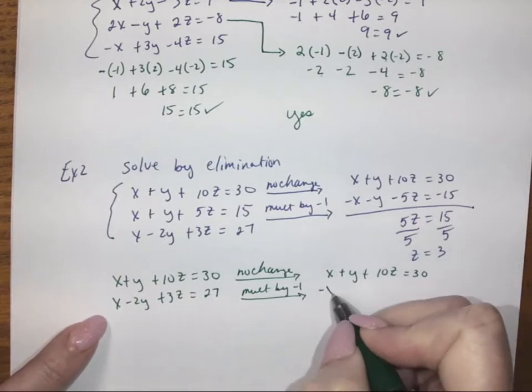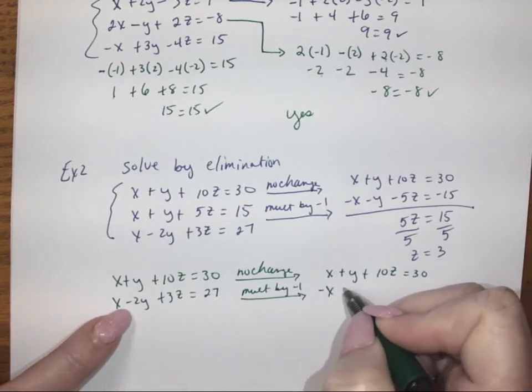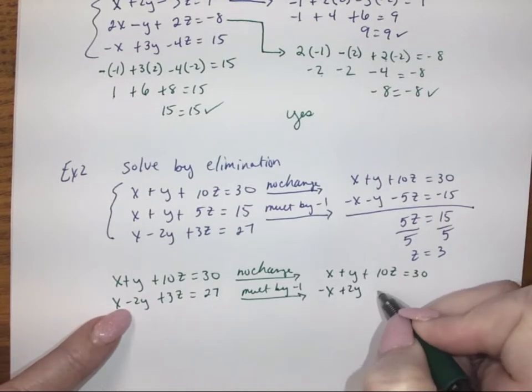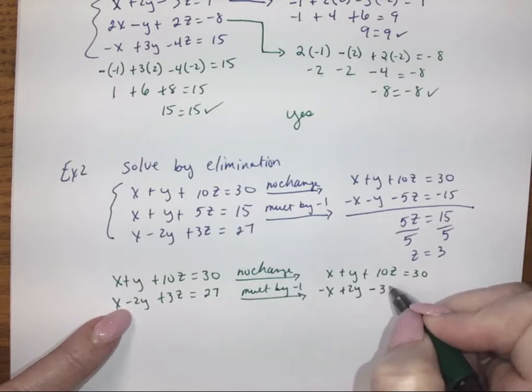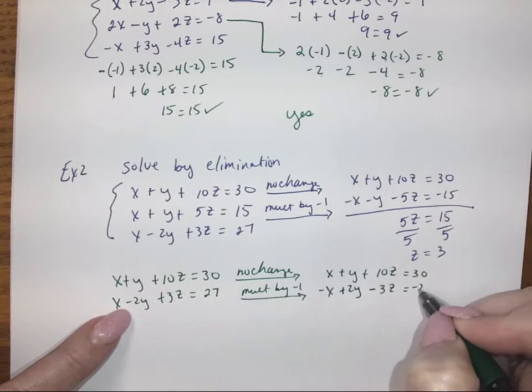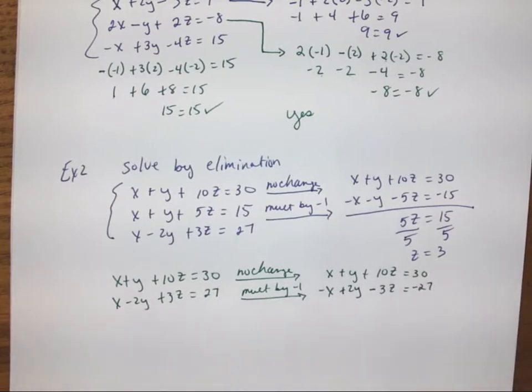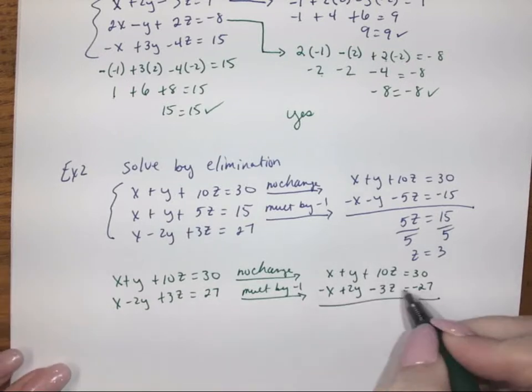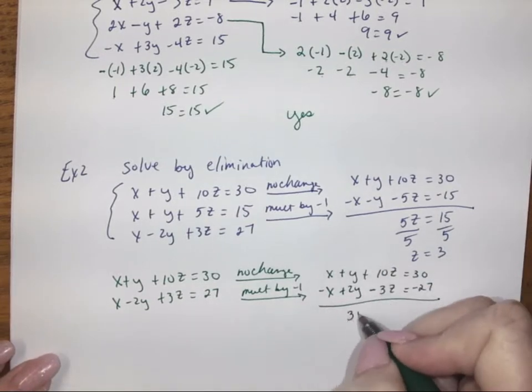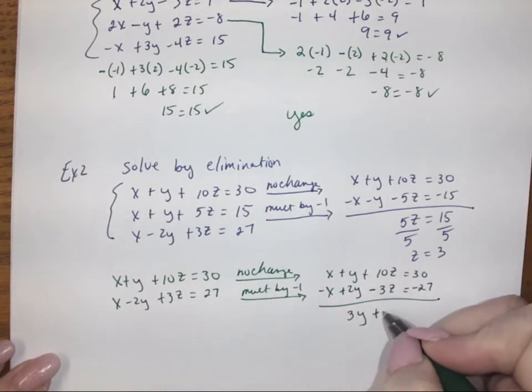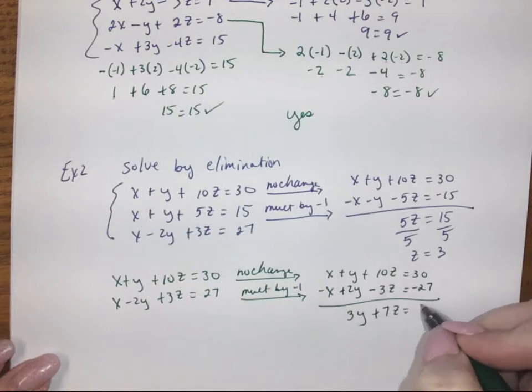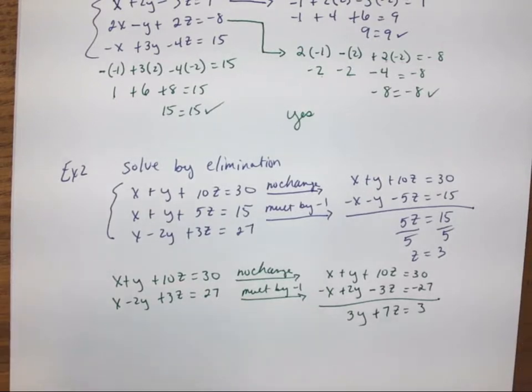And this will be -x positive 2y -3z equals -27. My x's cancel. I now have 3y plus 7z equal to 3.